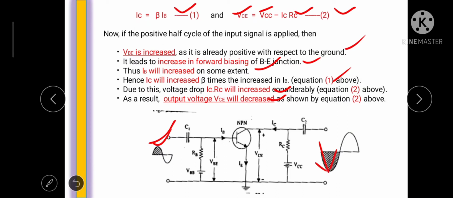So we can say that there is a phase reversal between input signal and output signal, and this phase reversal is of 180 degrees, which is also called a 180 degree phase shift between input and output. That means as we increase the input signal, the output signal decreases. That means there are opposite effects with input and output signals.